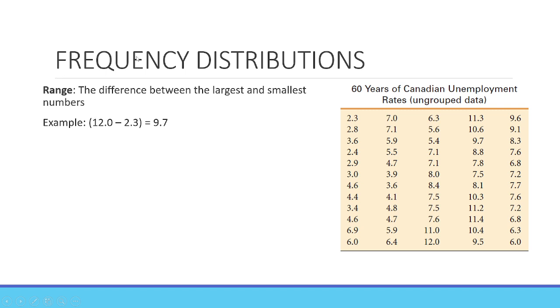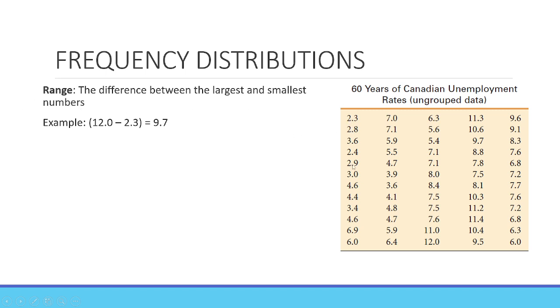To create this frequency distribution, there are certain steps. We will come to these steps, but before that, let us know what range is. Range is the difference between the largest and smallest numbers.